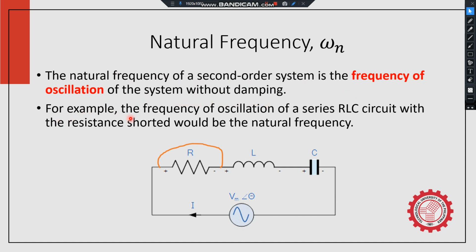For example, the frequency of oscillation of a series RLC circuit with the resistance shorted, as if we removed the resistor. Then the circuit will be oscillating. The frequency of oscillation will be the natural frequency of this circuit.